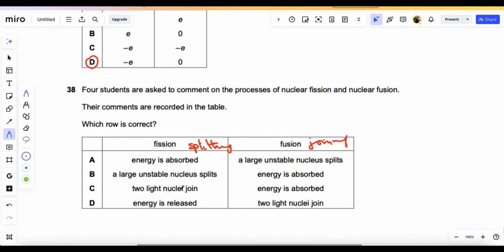Two light nuclei join. No, this is not joining. Fission is not joining, it's splitting. Energy is released, yes. Two nuclei join together. Yes, this is joining. So this is the answer. In nuclear fission, energy is released, and in nuclear fusion, two nuclei join together. So our answer is D.